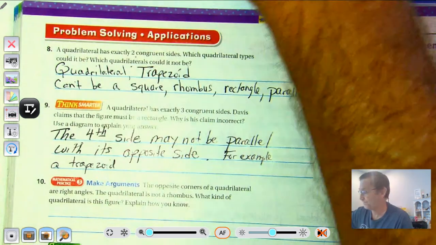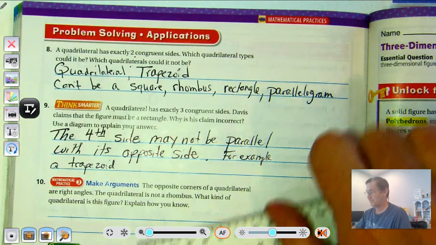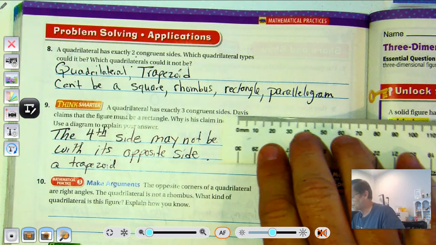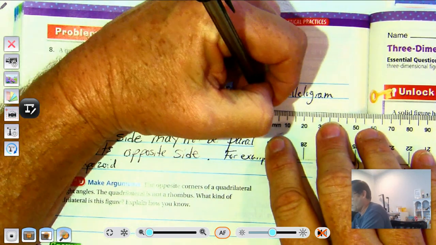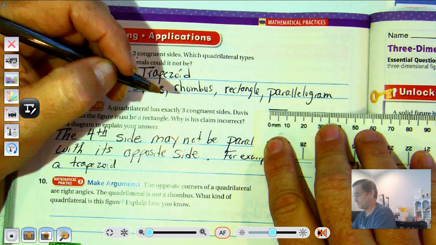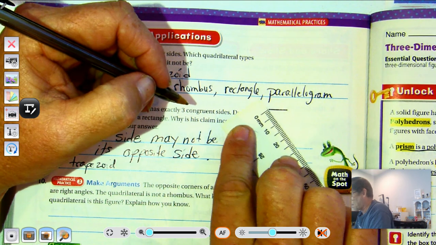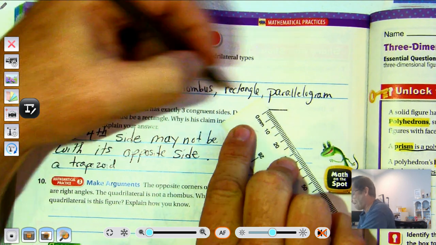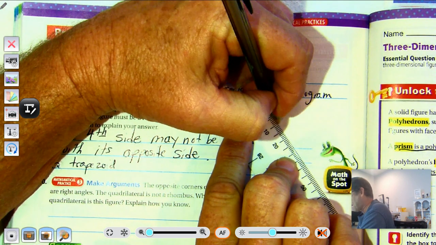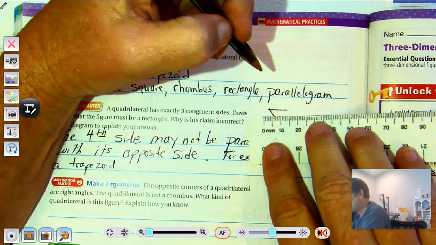Well, we're saying that 3 of the sides are equal. So we could have 10. We could have 10.